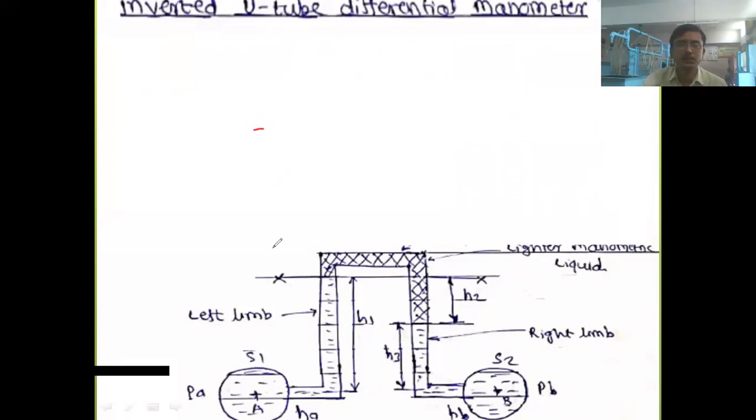In the previous lecture I asked what kind of pressure you are going to measure here, positive or negative, and Mayur gave the correct answer. Here, HA is the pressure head in pipe A, HB is the pressure head in pipe B, PA is the pressure intensity in pipe A, and PB is the pressure intensity in pipe B. Now, according to our condition, under equilibrium, the pressure head in the left limb above the datum should be equal to the pressure head in the right limb.